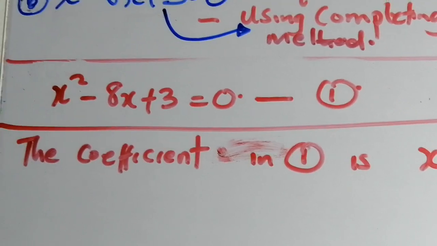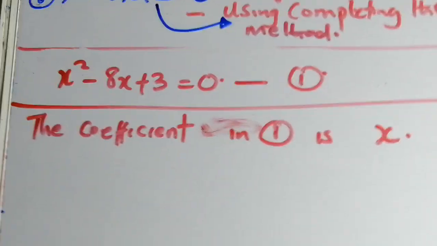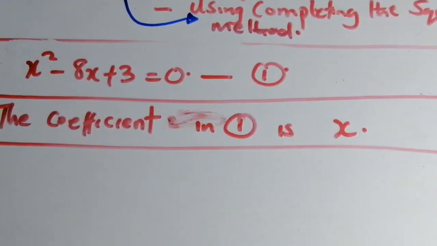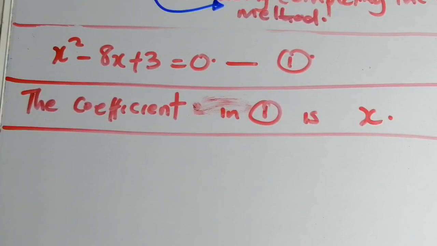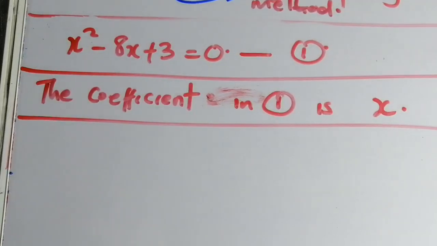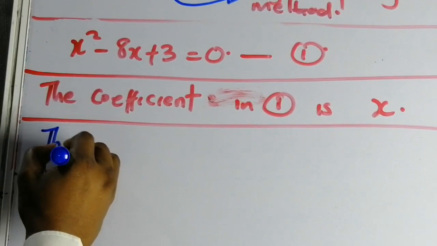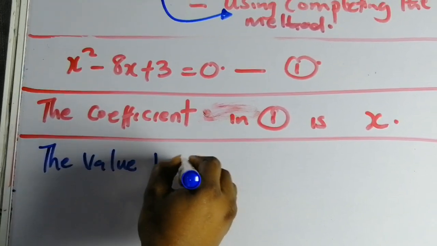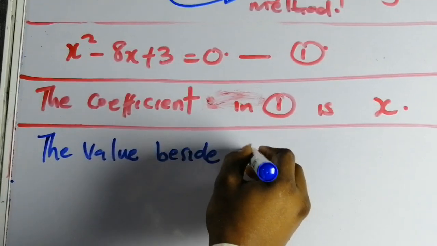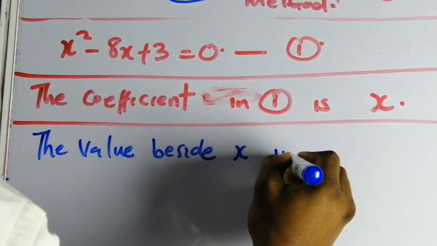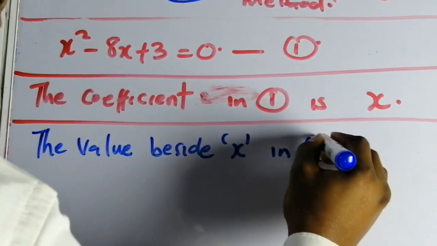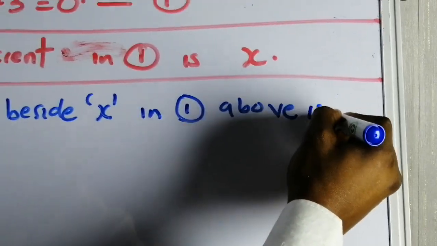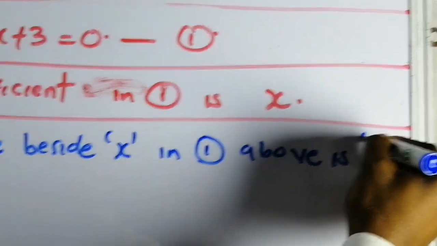Now, after that, what's the second step? The second step is for us to identify the value beside x. So I can now say the value beside x in equation 1 above is minus what? 8.